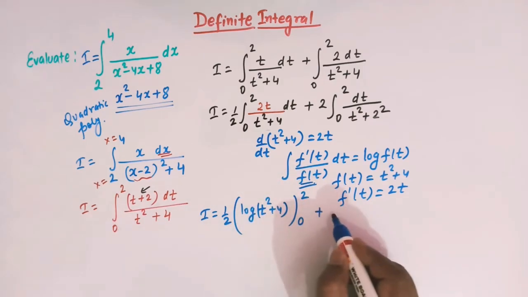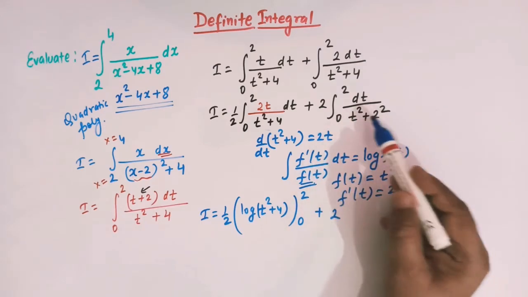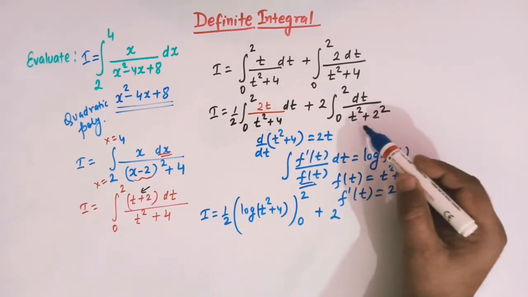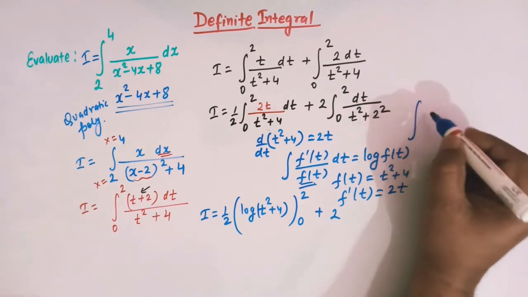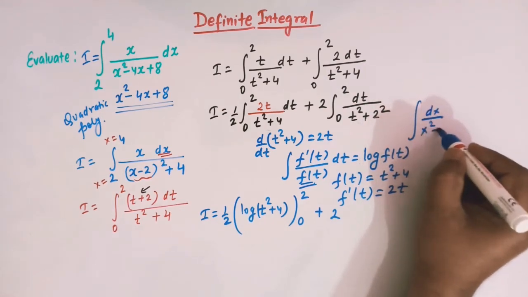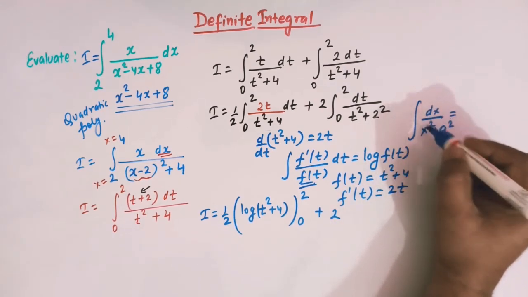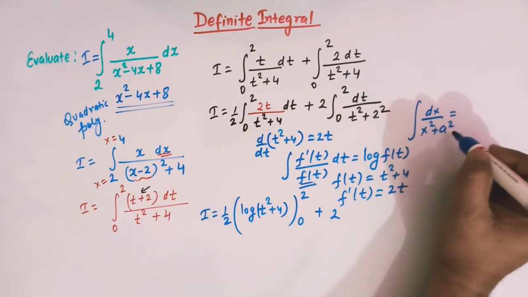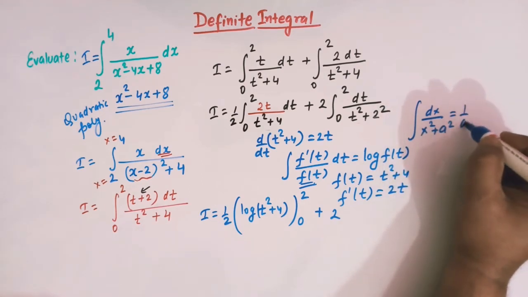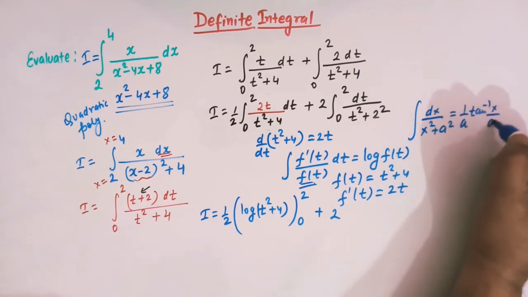And now we have to take care of this integral. This integral is again of the form dx over x square plus a square, and we know that the integral of 1 over x square plus a square is 1 over a tan inverse of x over a.